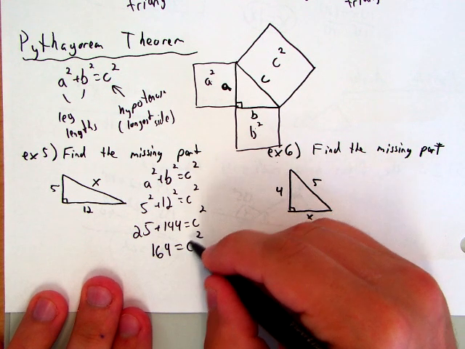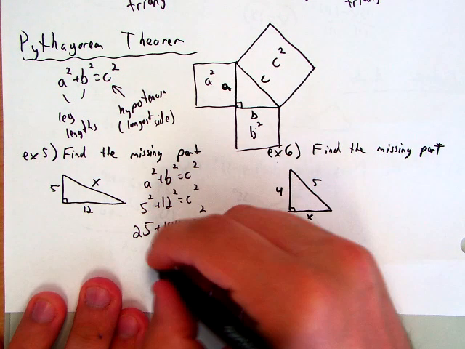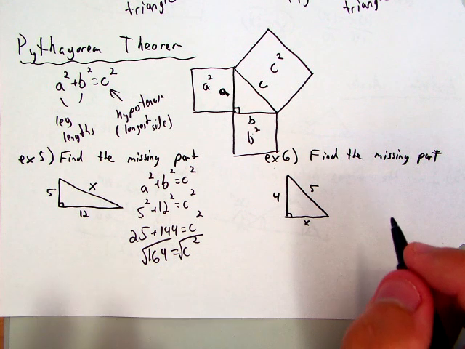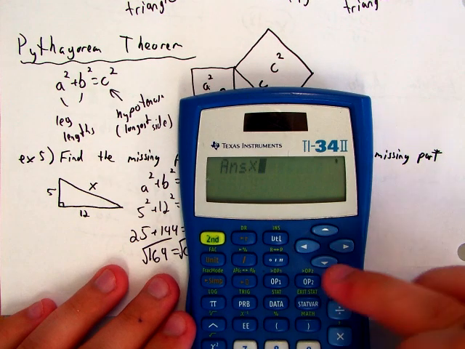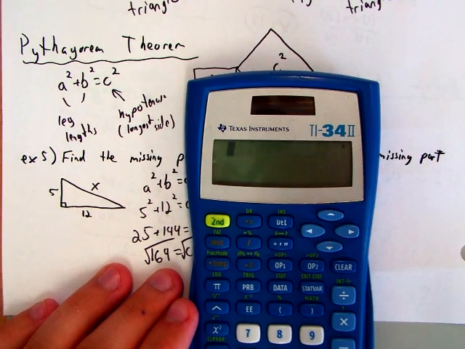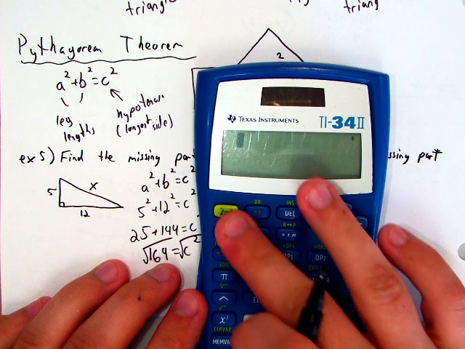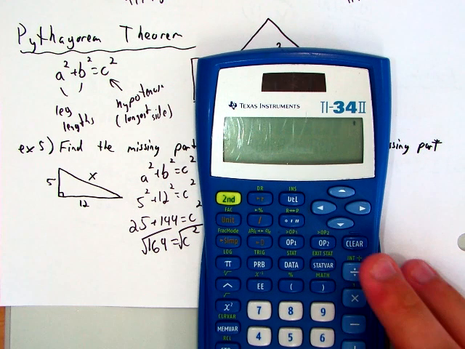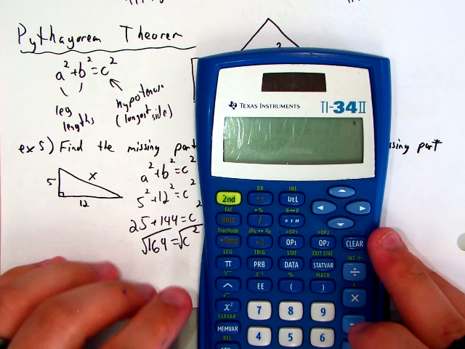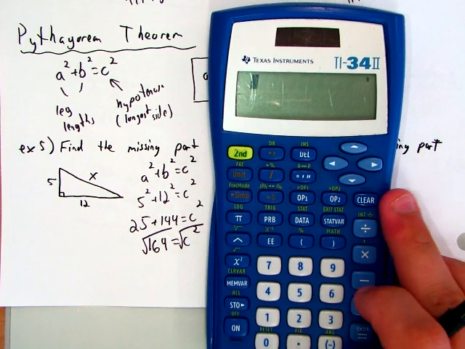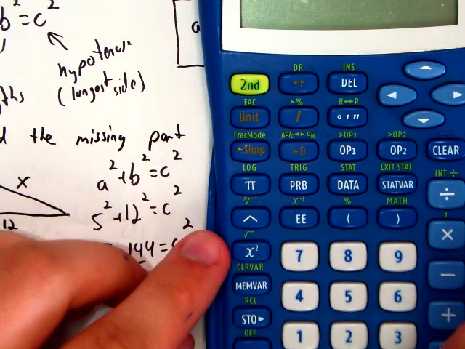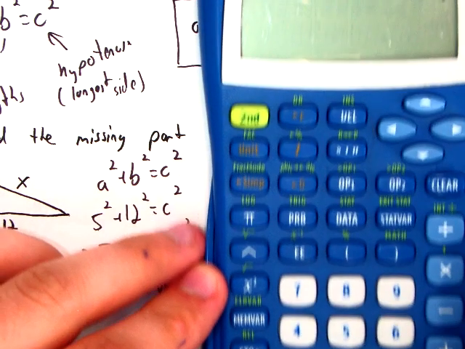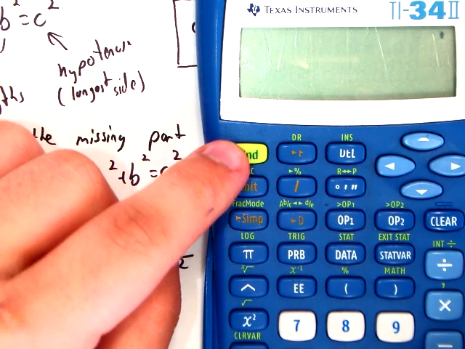Now, this does not mean to divide by 2. This means I have to take the square root of it. If I remember from my calculator, to find the square root, looking at the calculator here, what I would do, over here, we have this x squared button. If you look just above it, there's a little yellow radical sign. To get to the radical sign, or the yellow part of this, you have to hit the second button.